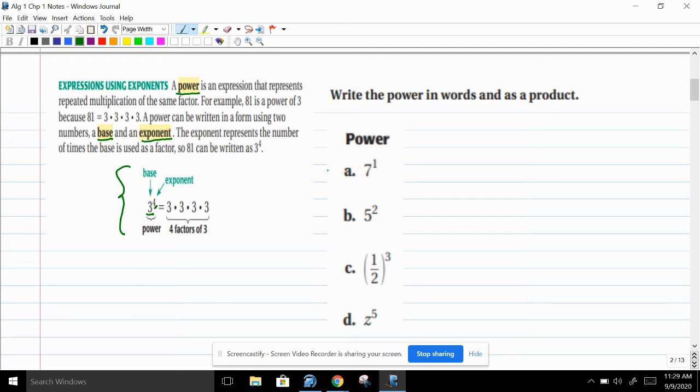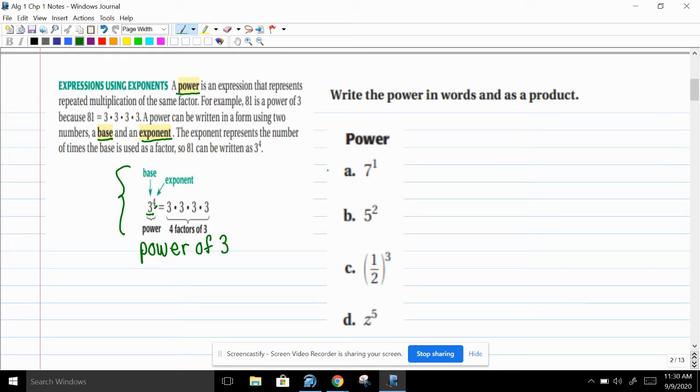The power is actually the whole thing. So this right here would actually be a power of 3, because 3 is the number that you're raising to the exponent. Now, when you have an exponent, that's telling you how many factors of that number there are, how many factors of the base.